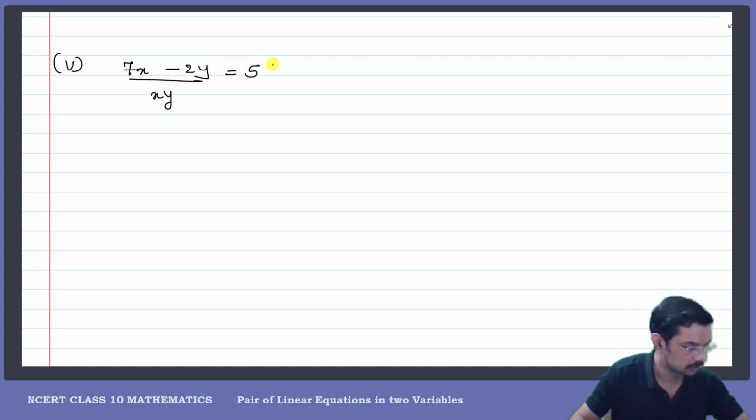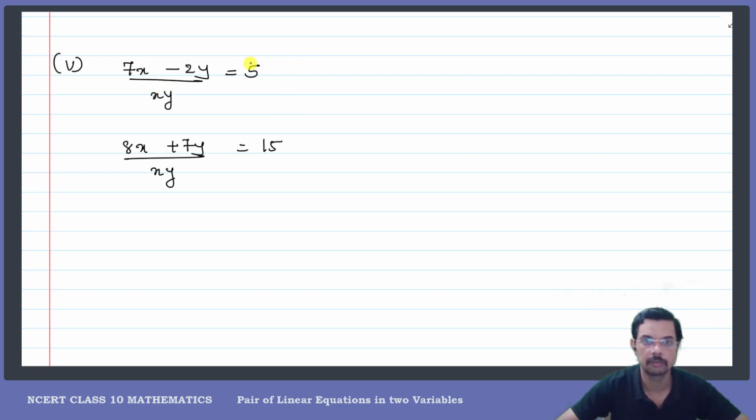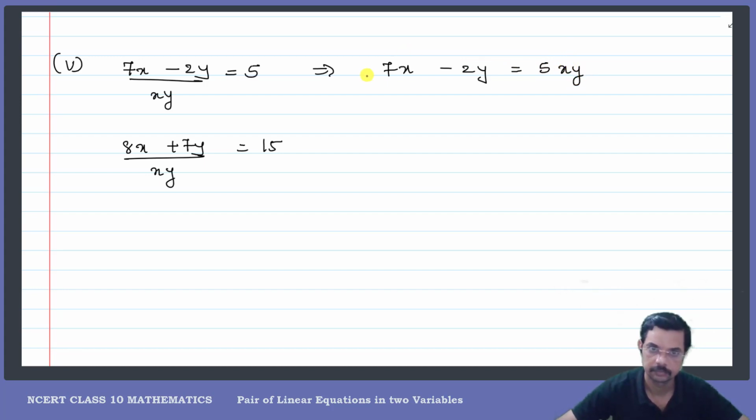And what is the second equation? 8x plus 7y divided by xy, that is equal to 15. What to do? This xy we will multiply with 5. So this becomes 7x minus 2y equal to 5 into xy. Is that clear? Or I'll distribute this xy to both of them.